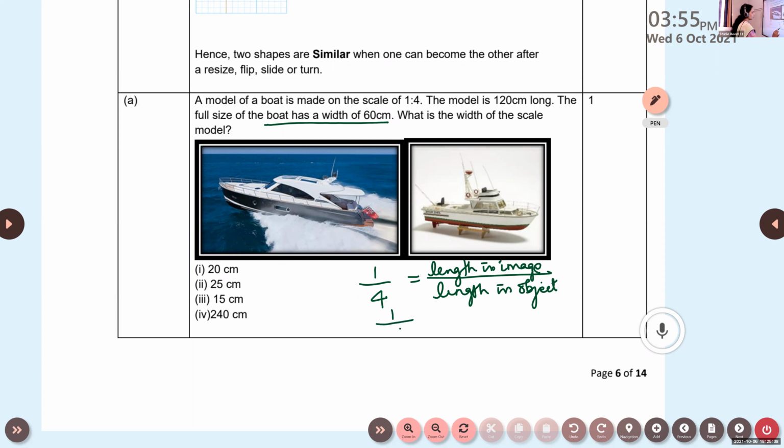So 1 by 4 is equal to, full size means it is the object. Object size is 60 centimeter. So what will be the length in the image? We don't know. We have to calculate. So simplify and tell me what is the answer? What is the answer here?